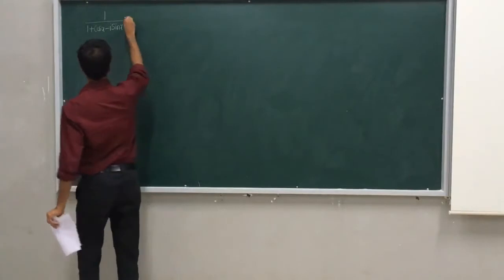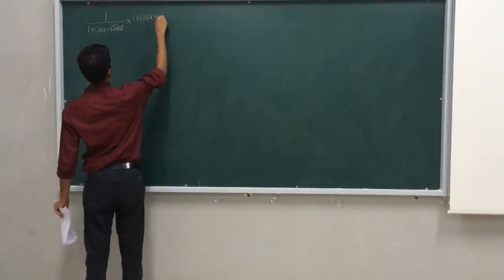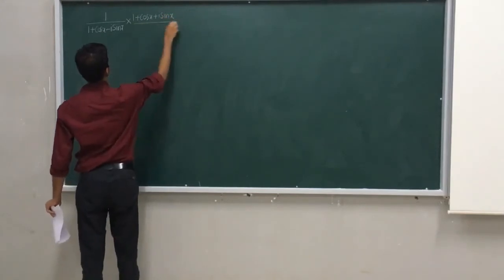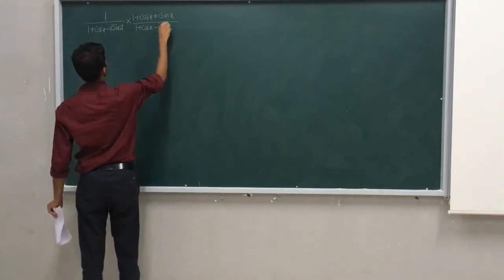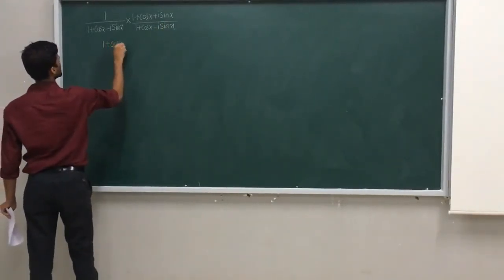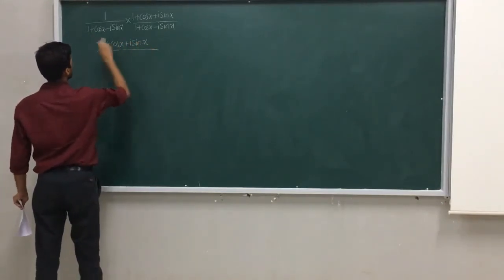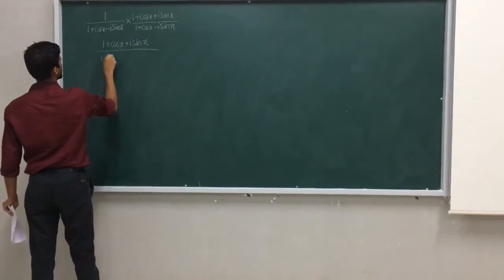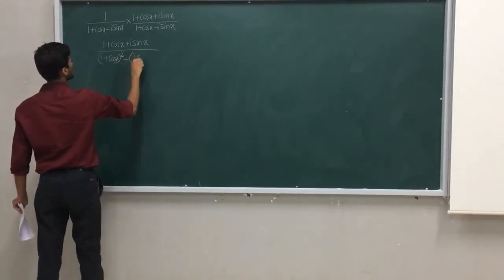What if I write it like this? 1 plus cos x plus i sin x divided by 1 plus cos x minus i sin x. So it is 1 plus cos x plus i sin x, using a minus b times a plus b, that is a square minus b square.